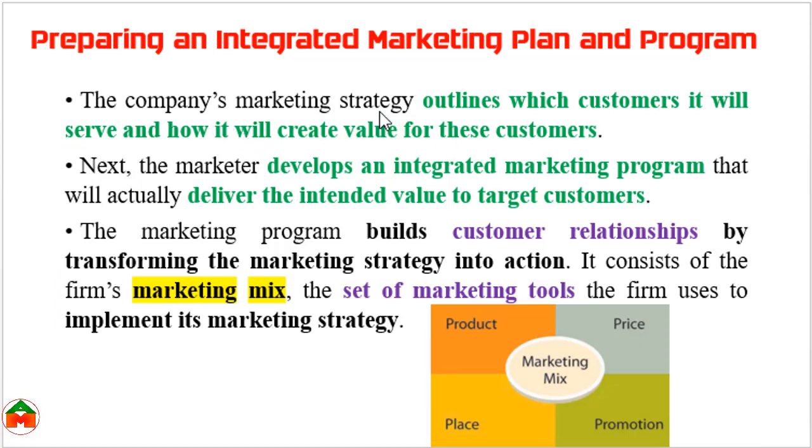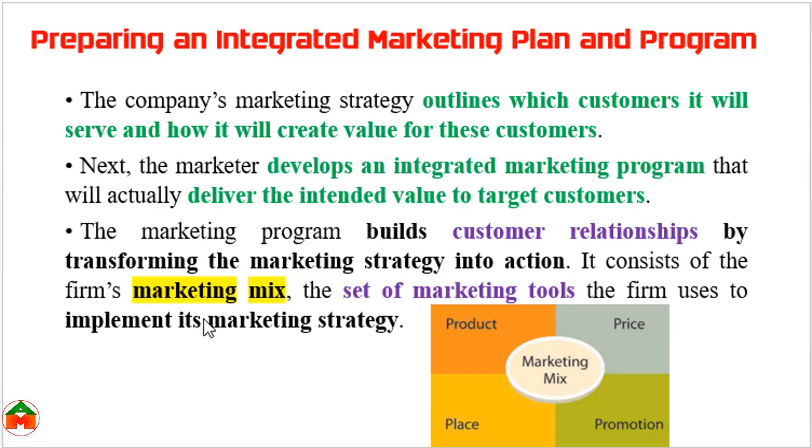The company's marketing strategy should determine the target customers. Then the company should design a good value proposition for the products or services for the target customers to ensure satisfaction as well as to ensure long-term customer relationships. And for that purpose, the company should focus on the marketing mix.